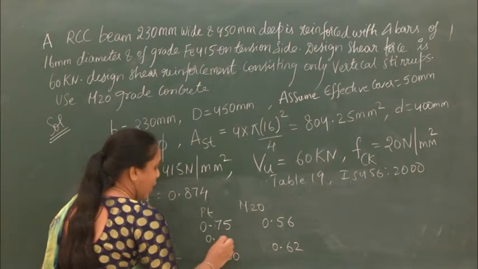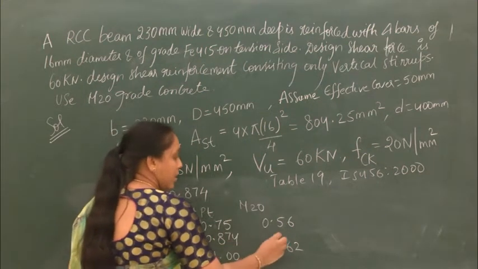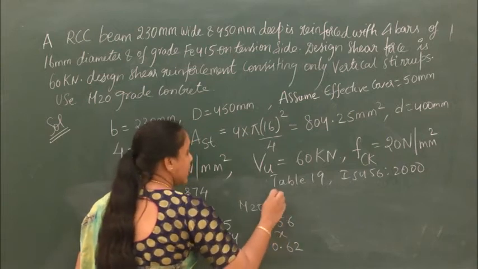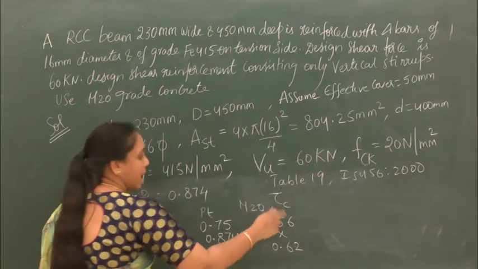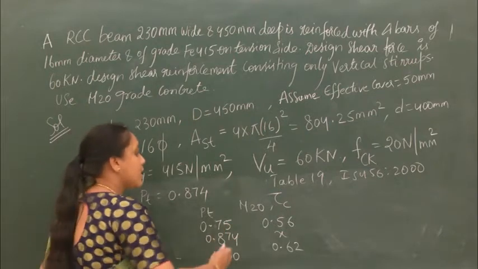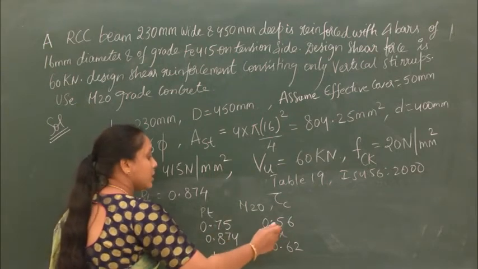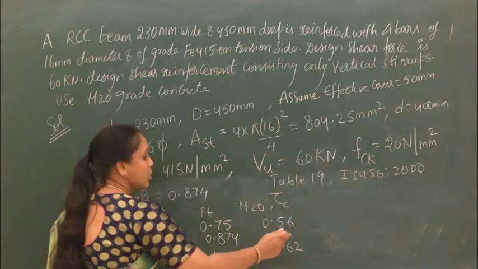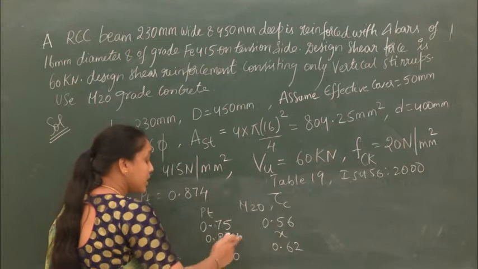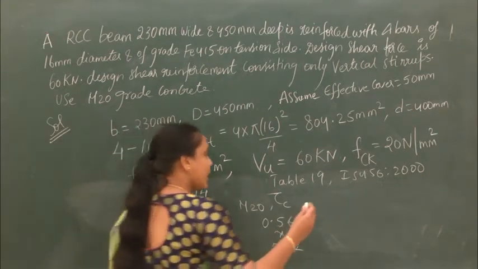So corresponding to 0.874, I have to find out the tau c value. These are the tau c values for M20 grade. So how can I find this? By interpolating, I can find the tau c value for this percentage of steel reinforcement.